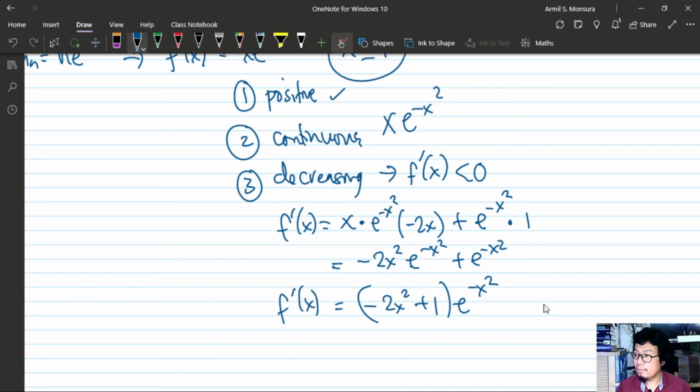And clearly, for x greater than or equal to 1, this factor is always negative for positive x, because even if x is set to 1, negative 2 is still greater in magnitude than positive 1.